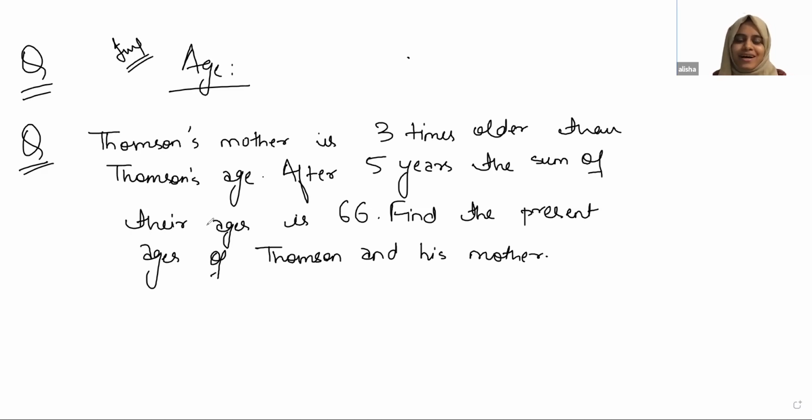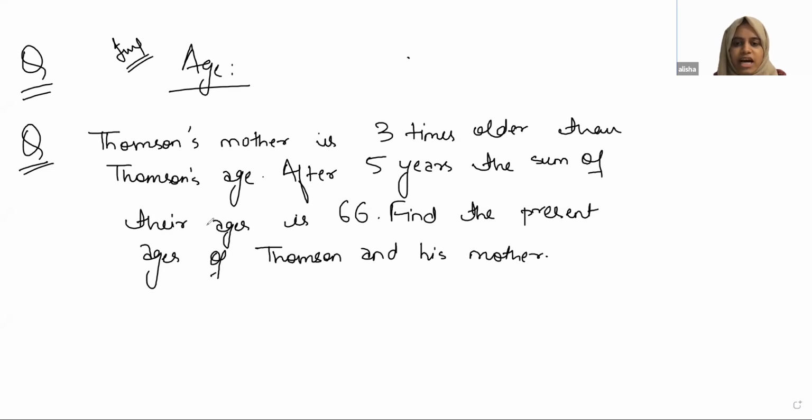So if Thompson is X years old today, what would be his age after 5 years? What will we do? X plus 3. Why X plus 3, Soban? Oh, it will be X plus 5. Right.